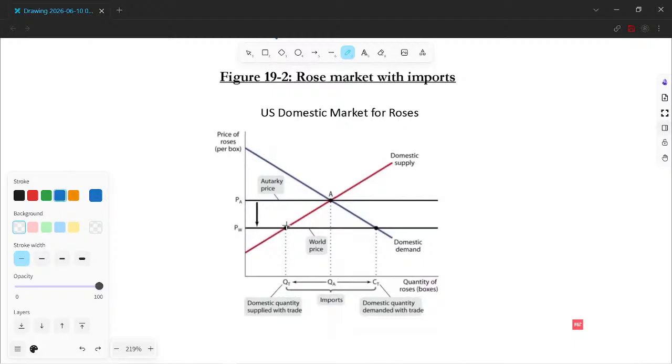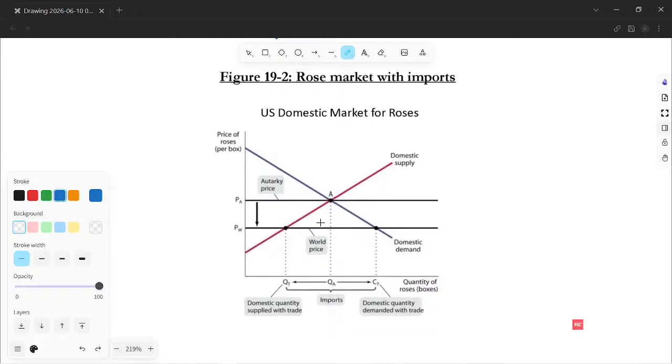And QT, domestic quantity supplied with trade. Well, this is domestic supply. Oh, because right.